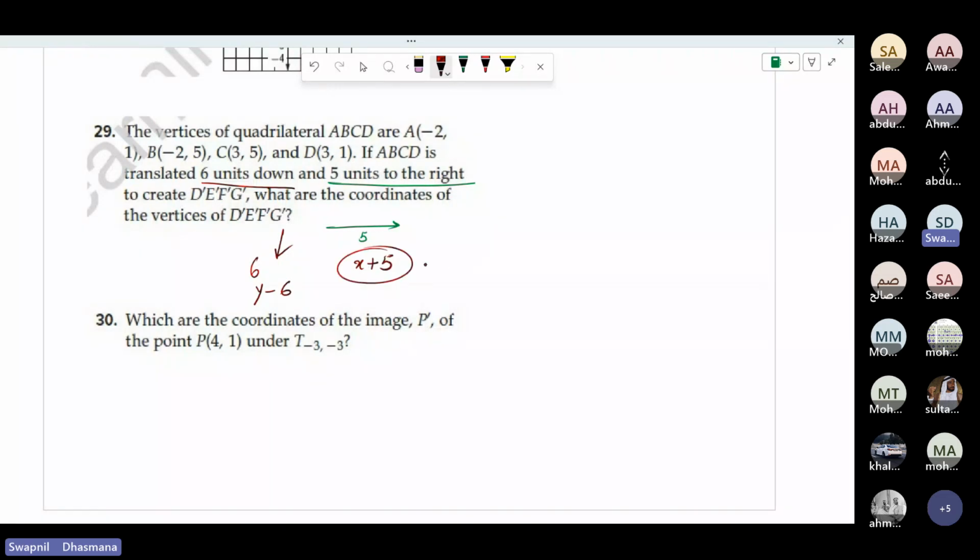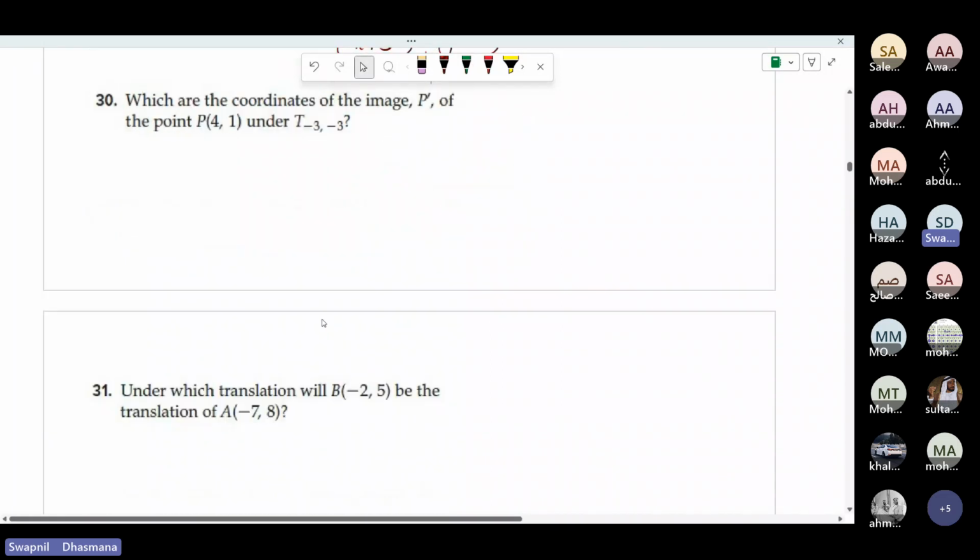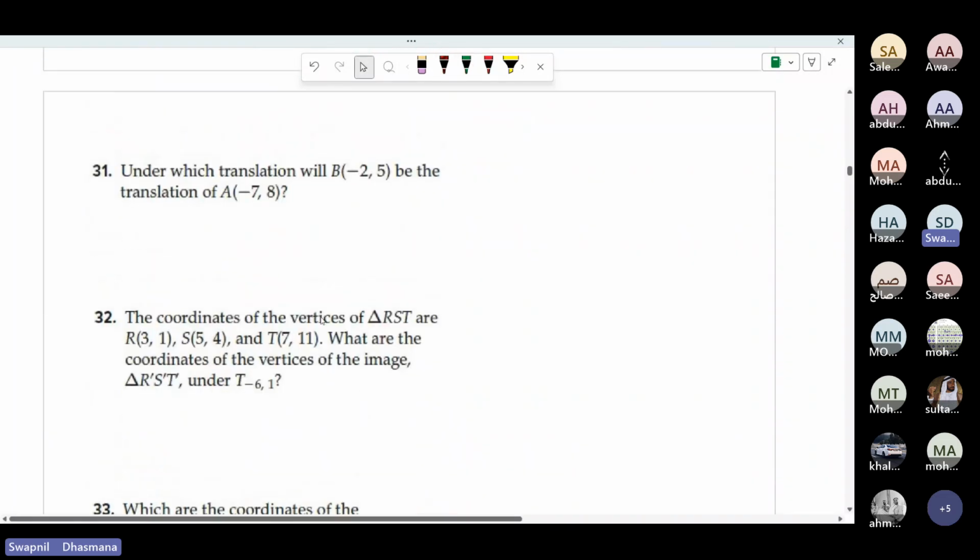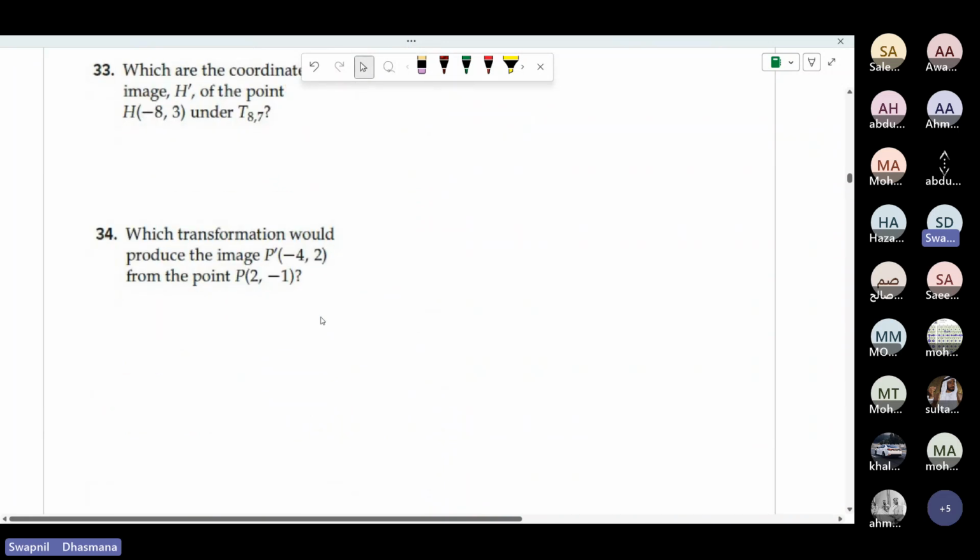So the first number plus 5, the second number minus 6. I should have done it here. So all questions, like I said, same. So you can try all this.